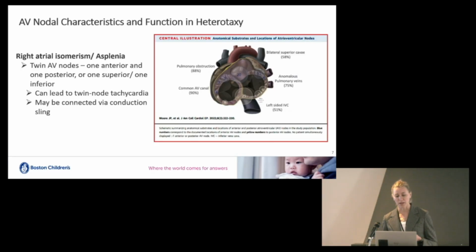From the AV node, the two main subtypes that we think about, asplenia subtype and polysplenia subtype, have differing susceptibilities to different types of AV nodal abnormalities. We associate right atrial isomerism with twin AV nodes, as I was alluding to earlier.